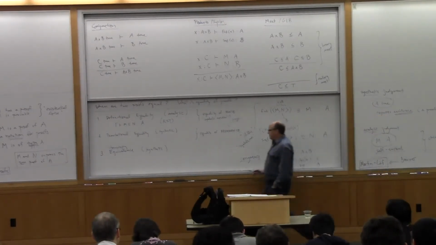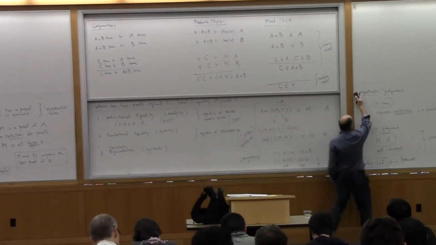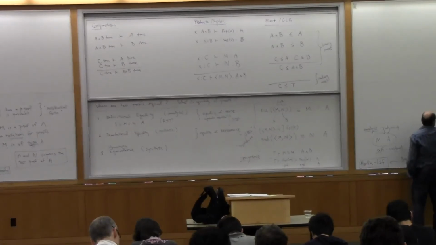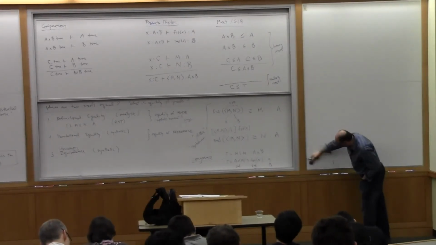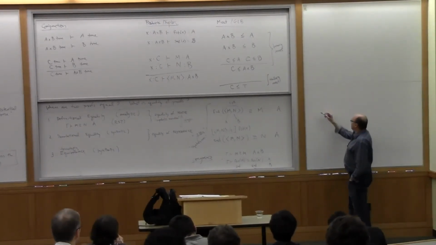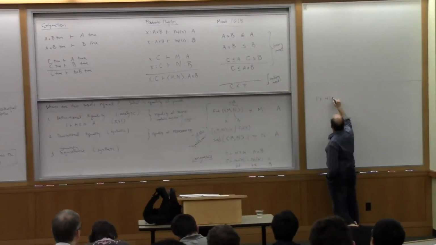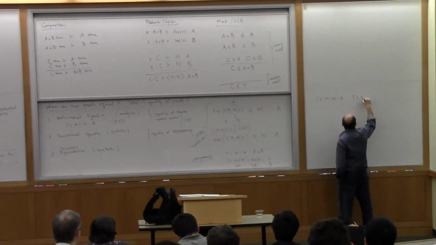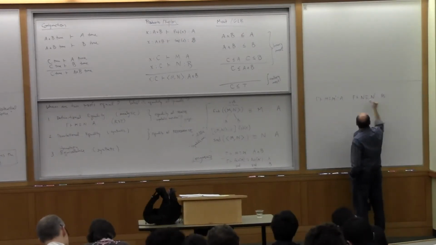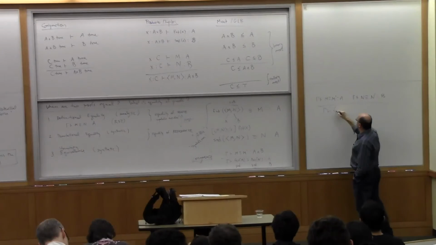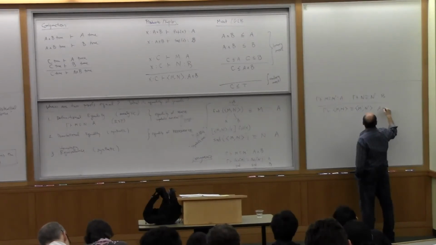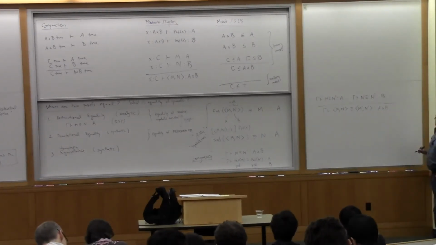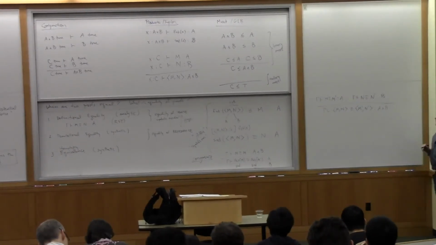And moreover, we would expect further principles of congruence. If M is the same as M prime, and N is the same as N prime, then the pairs (M, N) and (M prime, N prime) ought to be the same. Those should be the same proof.